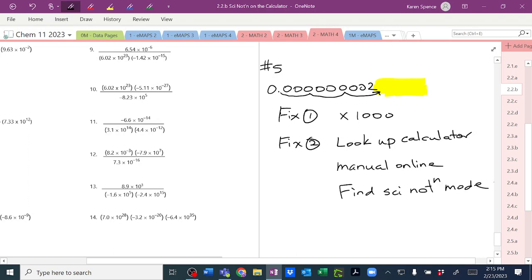So if you have numbers where it looks like it got cut off, either multiply by 1,000 and that'll show you extra digits, or figure out how to put it in scientific notation. In fact, my favorite calculator of all time has it printed on the back how to do it. I knew there was a reason I love this calculator.